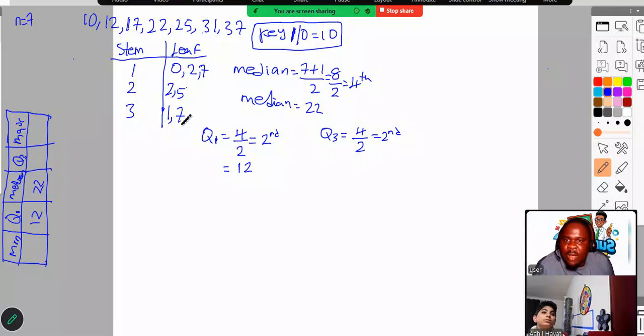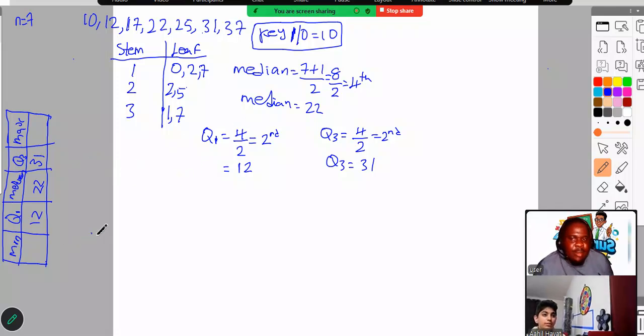So the second value from below: we count from 7 here, 1, 2, which is 1. And this one is under the stem of 3, making it that our third quartile is 31. So under the third quartile here we write 31.